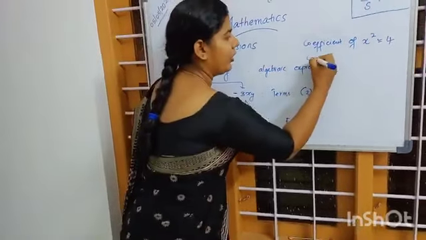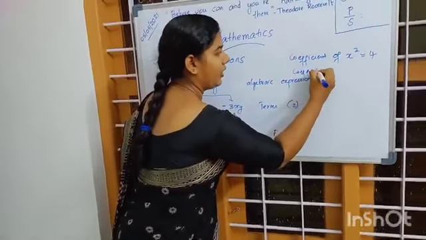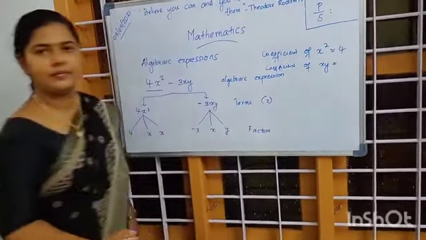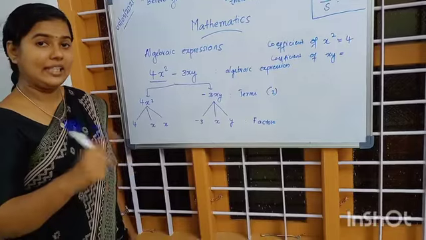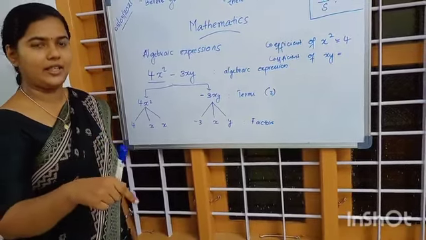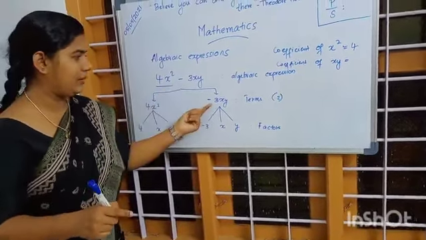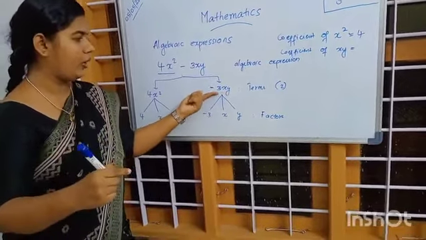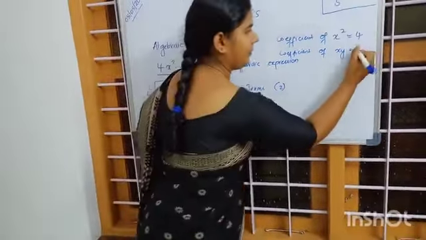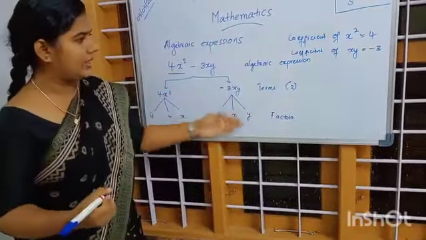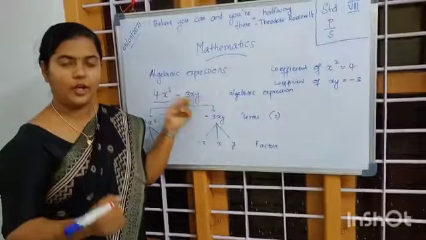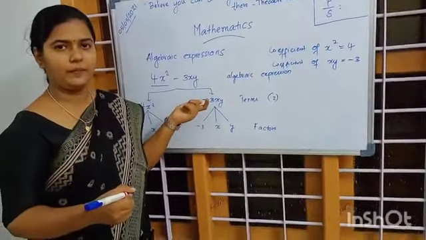So, what about the coefficient of xy? Is it 3 or negative 3? Yes, it's negative 3 because the term is negative 3xy. So, the coefficient will be negative 3. So, these are the basic things that you have learned about algebraic expressions. I hope you understood this problem.